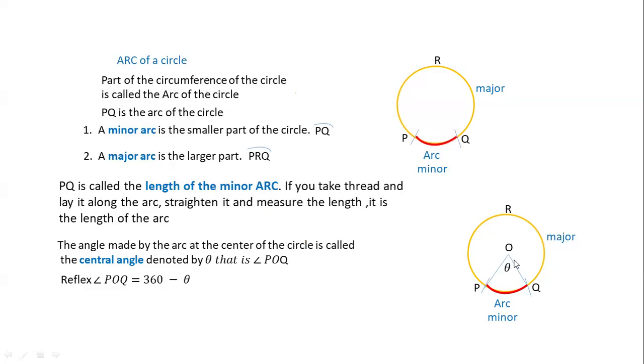And the reflex angle is 360 minus theta, because the complete angle is 360 degrees. Therefore, subtract the minor angle and you get the reflex angle, that is the central angle for the major arc.